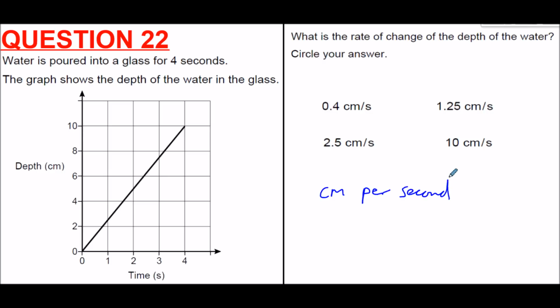So we need to work out how much it's being filled up by in 1 second. And so what we can do, we could work out the gradient of a graph. That's one thing we do, how steep it is. What I'm going to suggest we do is we just take one point on the graph, maybe this point here.